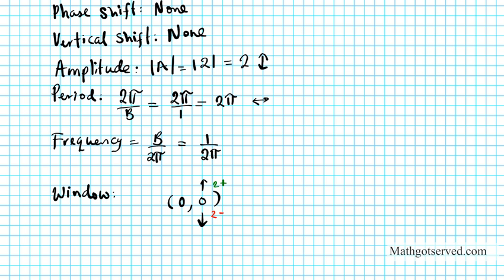Side to side, I'm going to go by my period. I want 1 period to the left and 1 period to the right. So period is 2 pi, so plus 2 pi to the right, and minus 2 pi to the left, all right? So going up and down, 0 minus 2 is negative 2, 0 plus 2 is positive 2. That's my high, that's my low. To the right is going to be 2 pi, and to the left is going to be negative 2 pi.